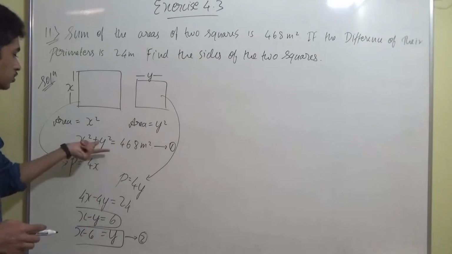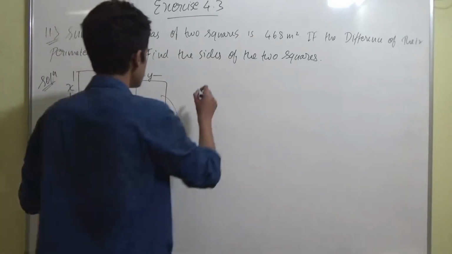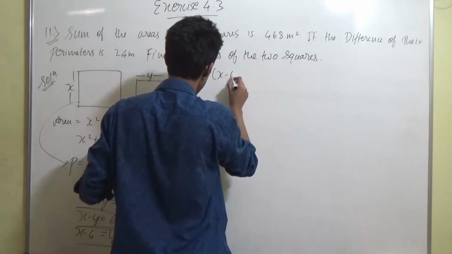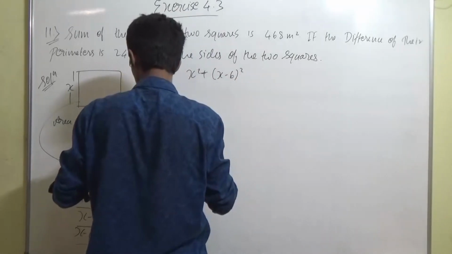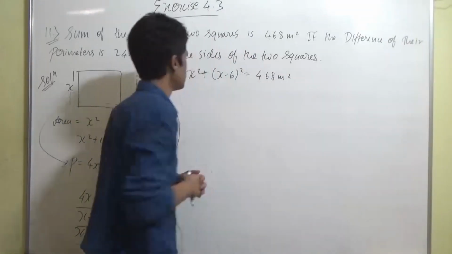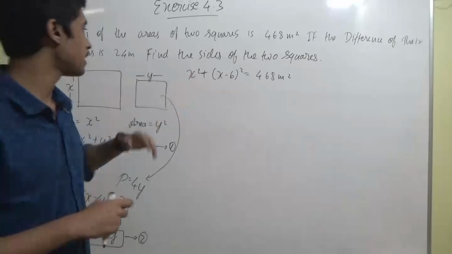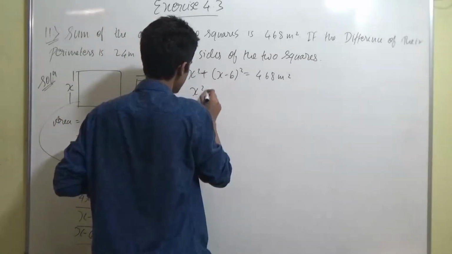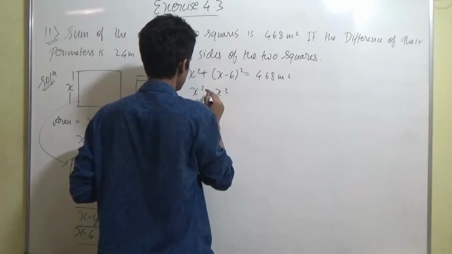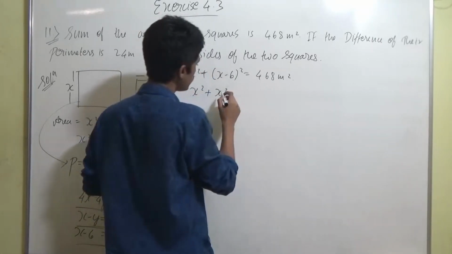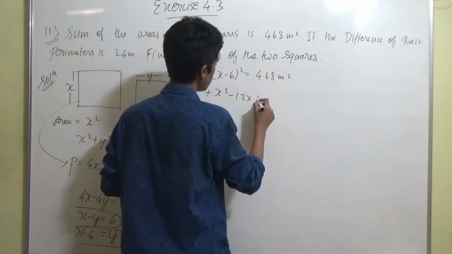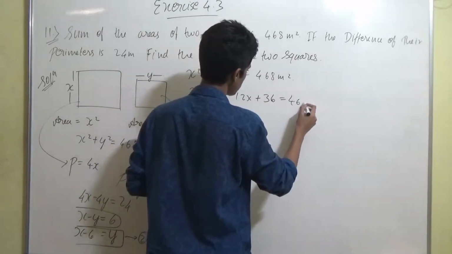In place of y, we substitute x minus 6. So it will become x square plus x minus 6 the whole square equal to 468 meter square. Now let me start expanding this. This will become x square plus x square minus 2ab, that is the a minus b whole square formula, minus 12x plus 36 equal to 468.